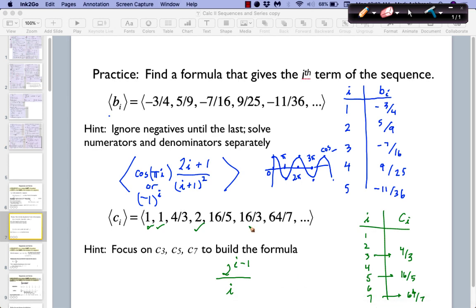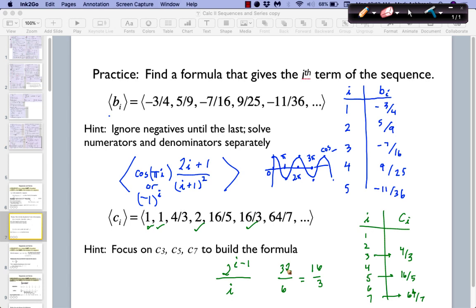Last one. This is 6. 2 to the 5th is 32, divided by 6 is 16 thirds. Check.